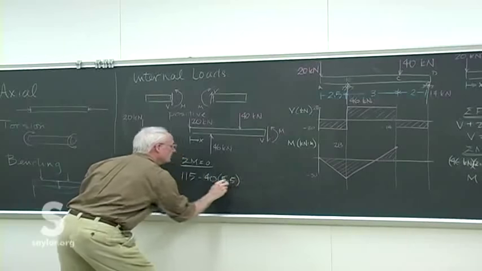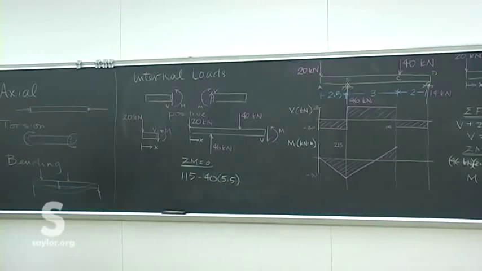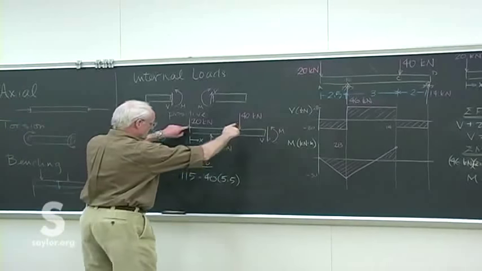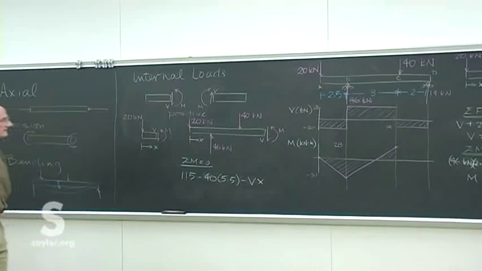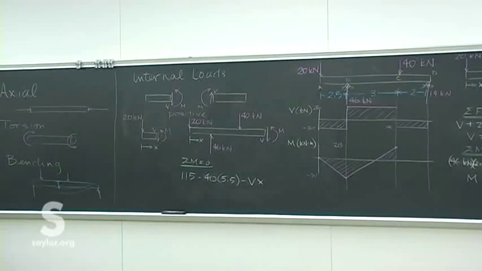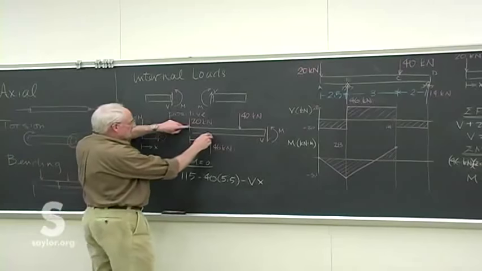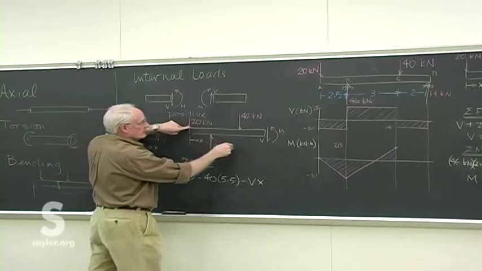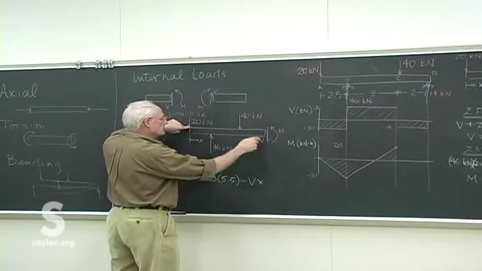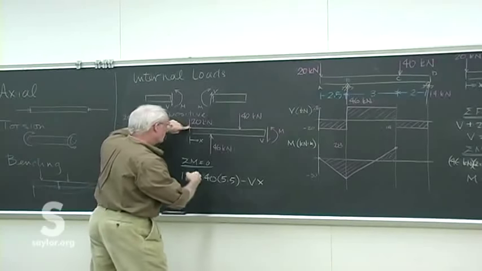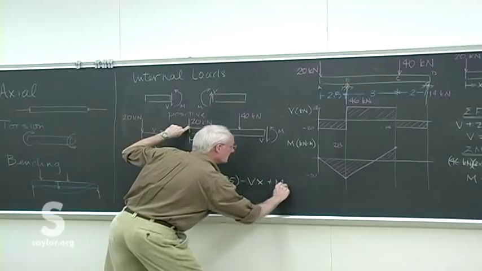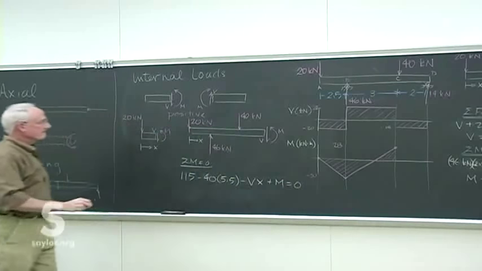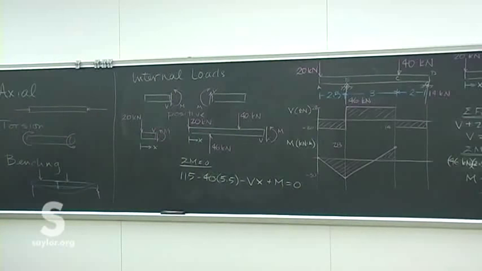All of these are kilonewton meters. And then also in that negative direction, V times x. Why is it 46 more positive? Why isn't it the other way around? Oh, I got it. Never mind. I wasn't paying attention. And then plus M. Matching the other one, I see. Yeah.